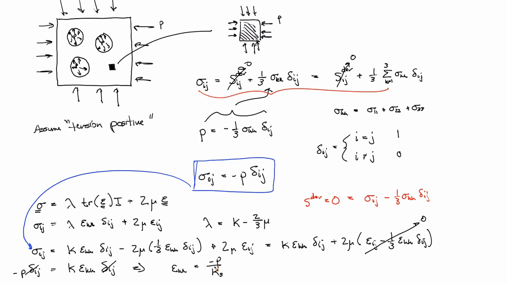Obviously, if I consider the material as a whole, the solid material plus the pores, which we sometimes call the solid skeleton, it's got the pores in there. Remember, the bulk modulus is the material's inherent resistance to compression, right?